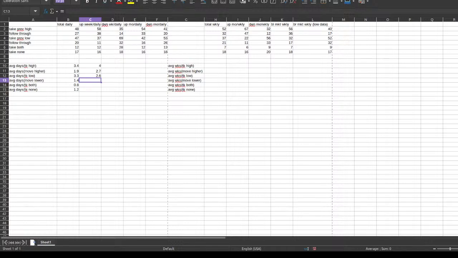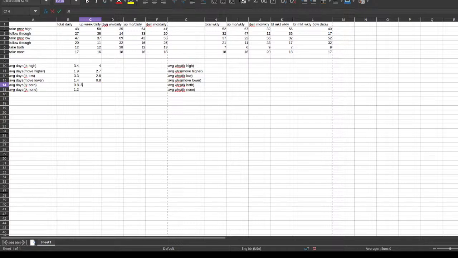Okay, so this is going to be 0.8. Follow through is 11%. So 0.8 of the days, right? And then for taking both, we're going to take a look at the up weeks. 0.12 times 7.